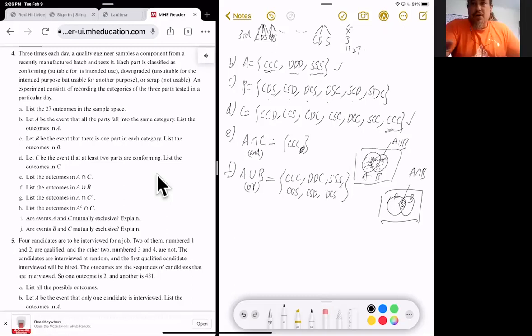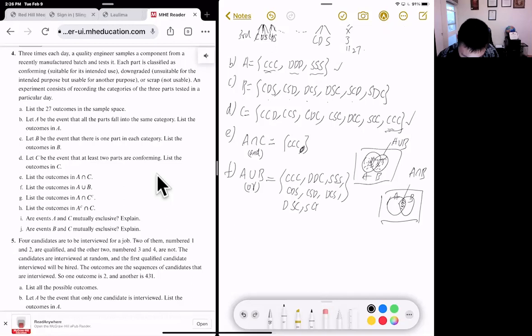Is there a certain order that we should put these in, or does it really matter? Order doesn't matter. Everything in A or B or both, you just put it in here, because this is OR, not AND.